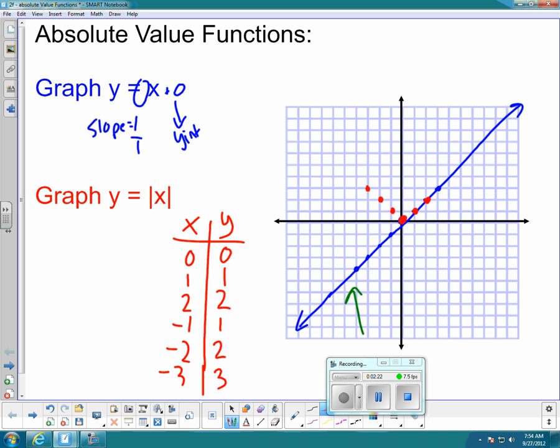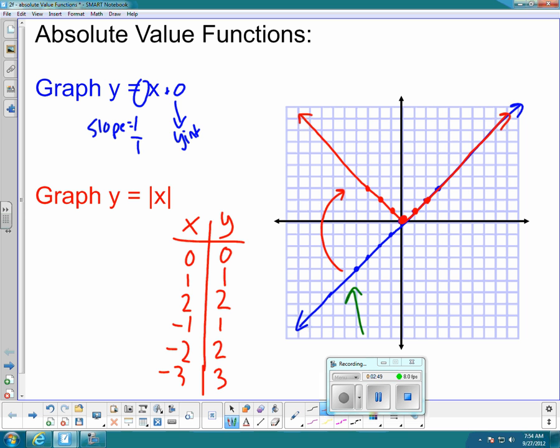So what happens is on this side of the y-axis, we have our line, just like y equals x. But on this side, we have another line like y equals x, just going up. And really, what that absolute value function did was it took all of this region down here in quadrant 3 and flipped it up above and made everything positive.